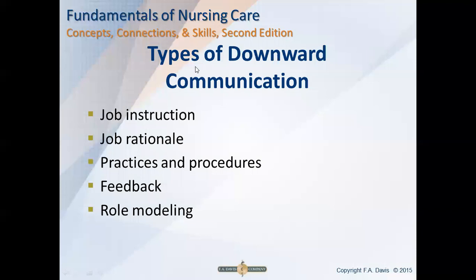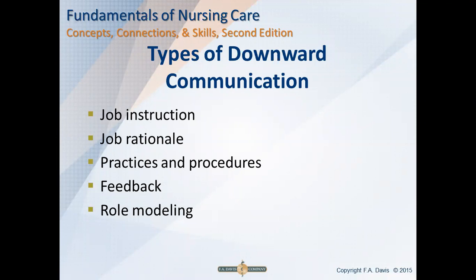So here are the types of downward communication, including job instruction, job rationale, practice and procedure, feedback, and role modeling.